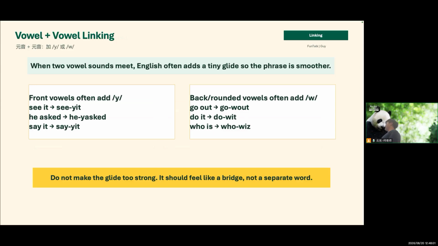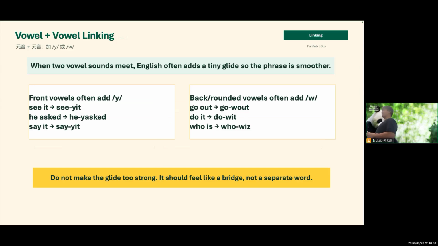But maybe you haven't learned about vowel plus vowel linking. This is when two vowels are connected, as you can see right here. See it. It's actually like a Y right there, but do not make this too strong.